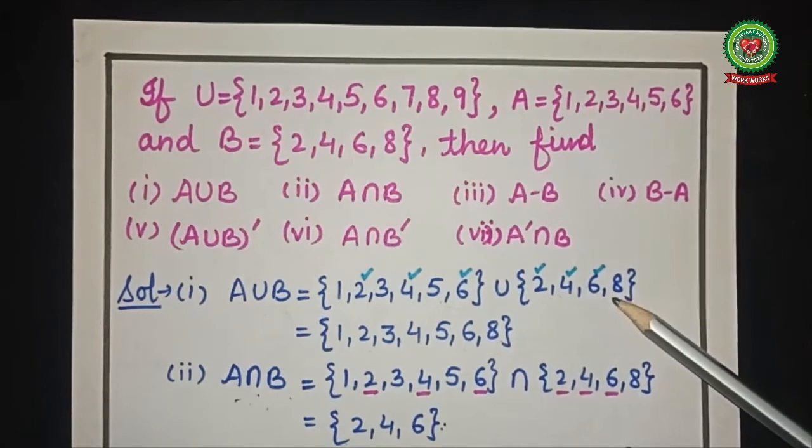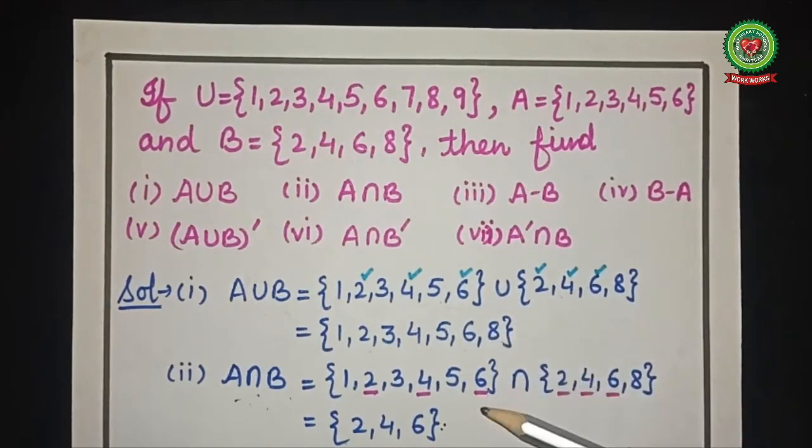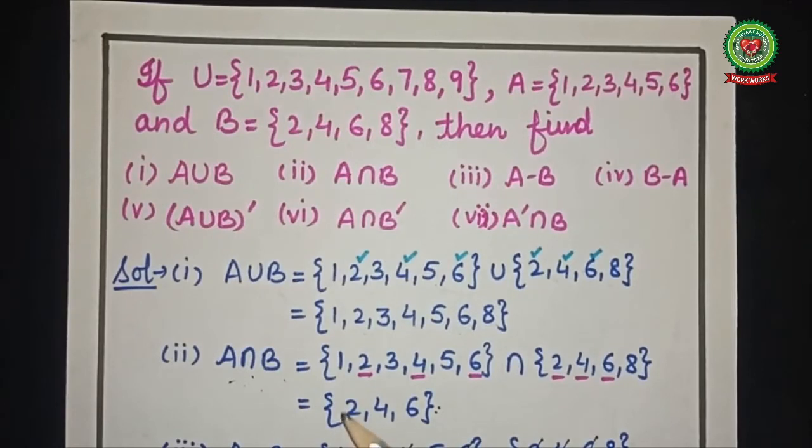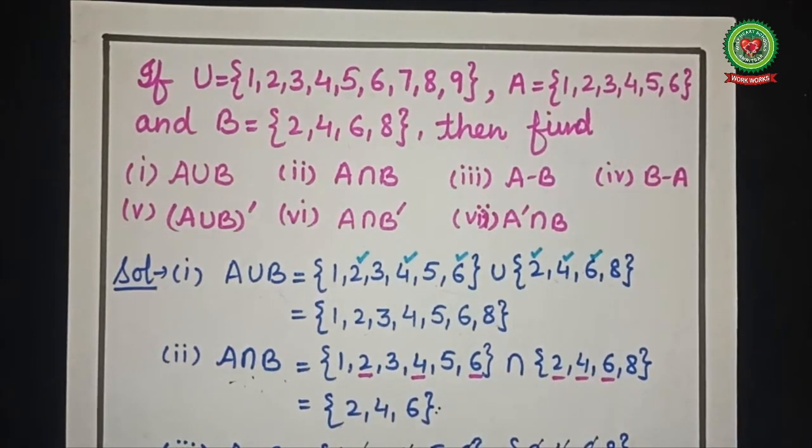So we are left with 8. So 8 will also be written here. So this is the answer for A union B. Next is A intersection B. Now for intersection we have to write down the common elements only. So here 2, 4, 6 are the common elements. So answer will be 2, 4, 6.